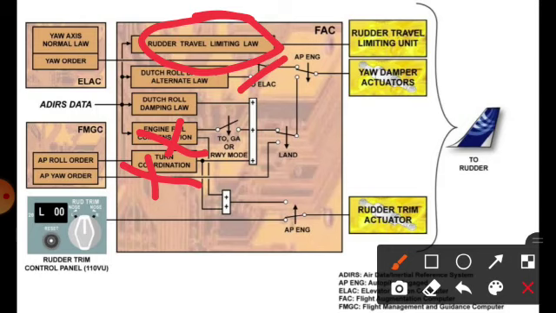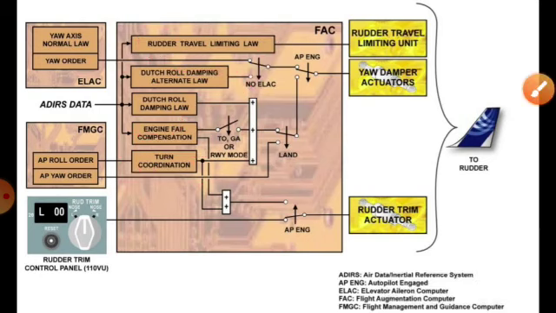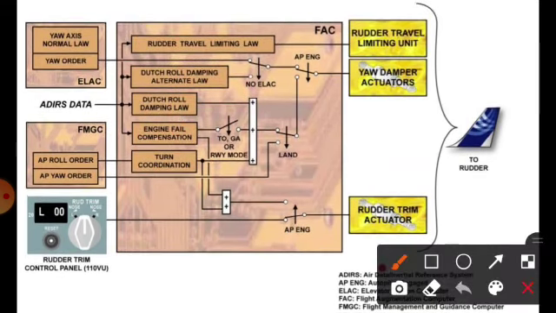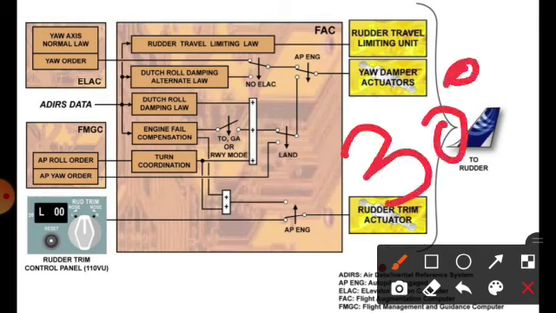It will be totally based on the FAC, alternate law. So here simply the movement of the rudder will remain limited. In the case of the A320 aircraft, 30 degree movement of rudder in the normal case will come down to about 5 degree.